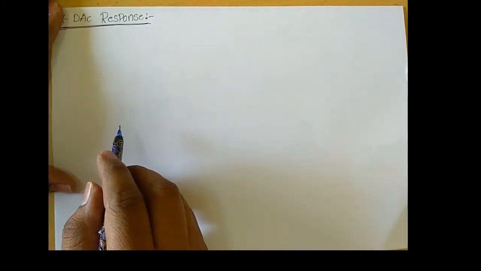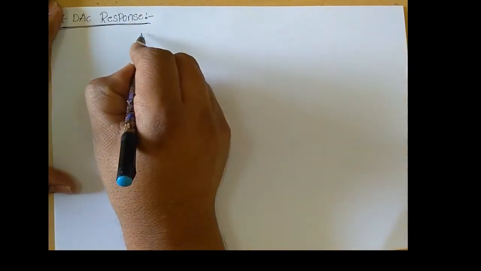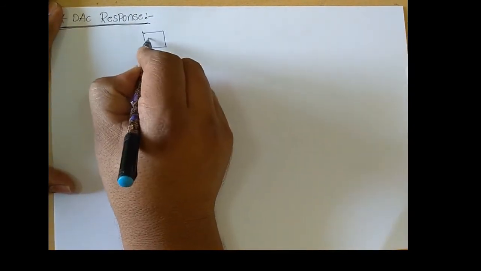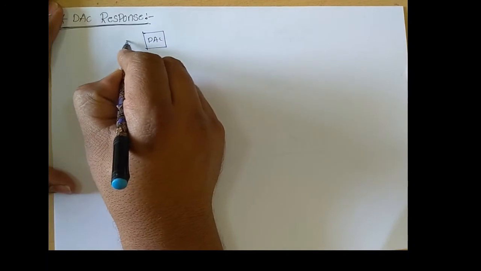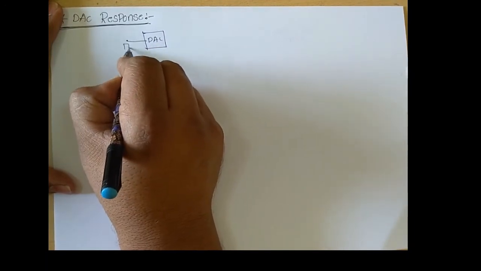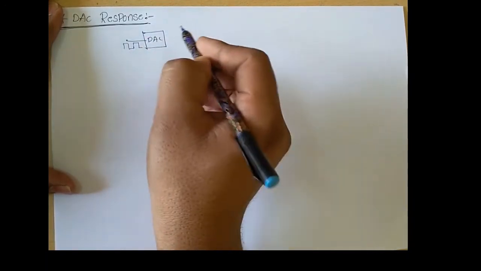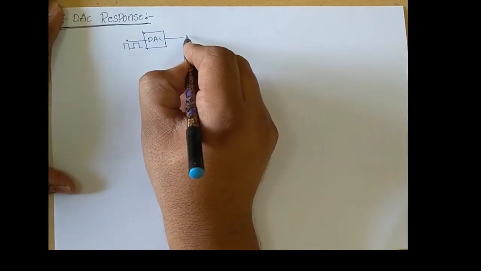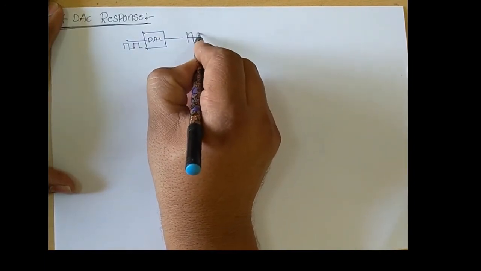Now we are discussing the DAC response. Here we consider the digital to analog converter circuit, we give the input signal as a binary bit word, and we collect the output signal as an analog signal.